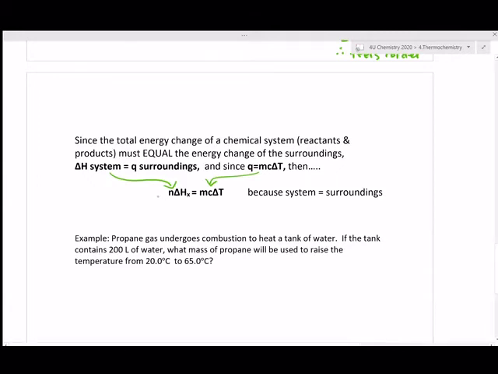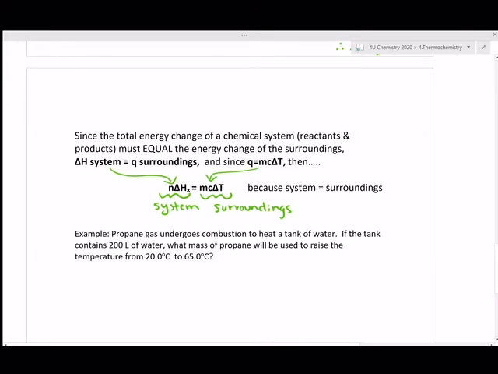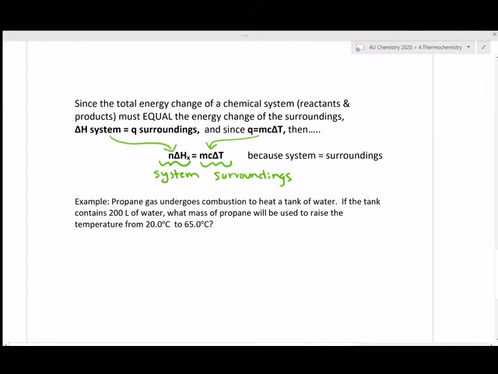Now this side here is going to be what we call the system, because it's going to have some type of substance that has a molar enthalpy of combustion or molar enthalpy of solution or of neutralization or whatever. Okay, and this is going to be the surroundings or the environment. Okay, and they have to be equal because we said that's where the heat comes from or goes to, is the surroundings.